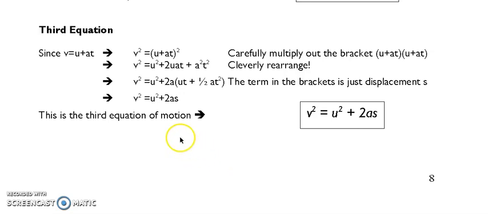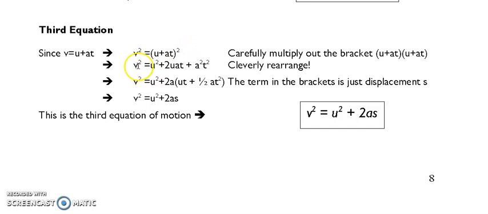Okay, the third equation of motion. If we start off with the first equation, which is v equals u plus at, what we're going to do this time is square both sides of that first equation. So we get v squared equals (u plus at) squared.